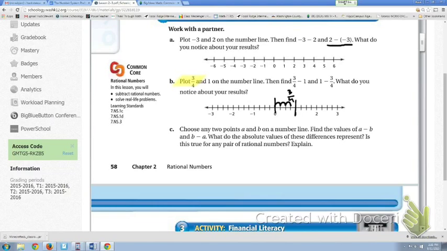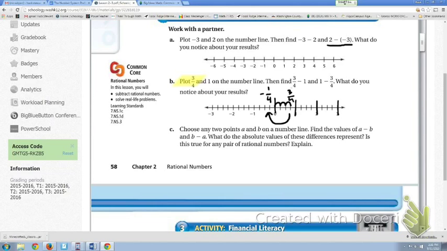This is a positive number, so I'm going in the positive direction. And then it says go a negative 1 from there. Well, a negative 1 from that point is just going to be 1 whole. So I'm landing right here at negative 1/4. The big idea with rational numbers is understanding what fractions are versus whole numbers.